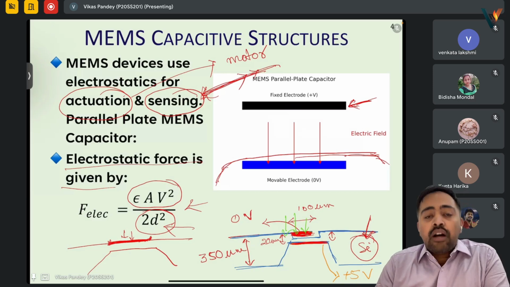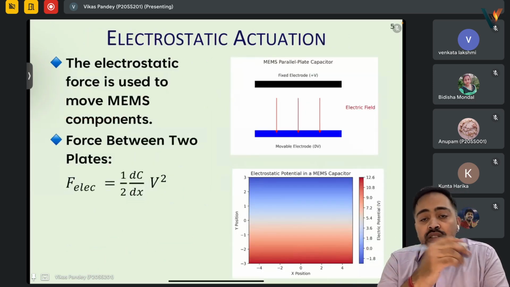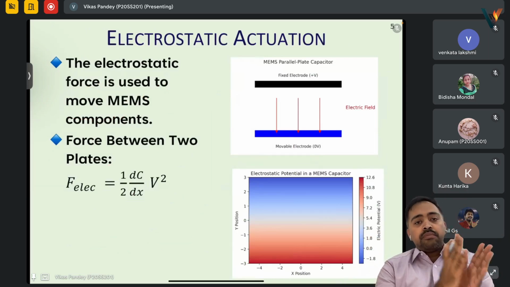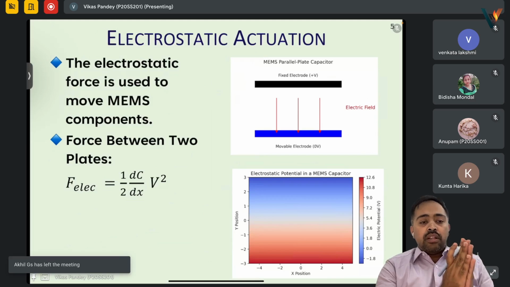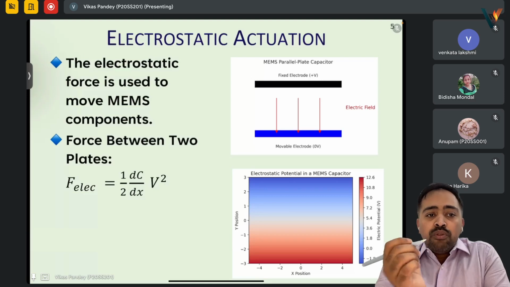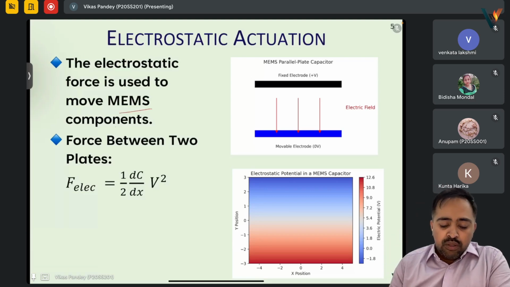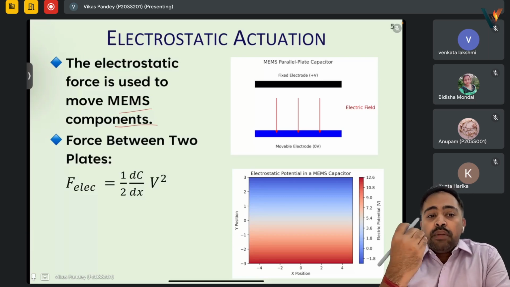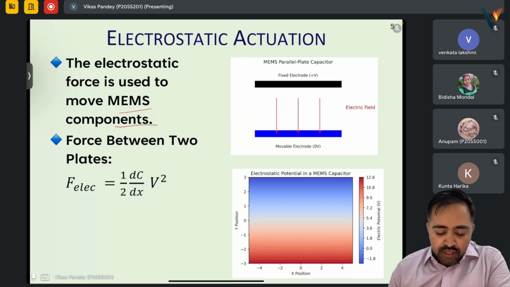So how does this actuation work? That means how does the movement of these parallel plates occur due to electrostatic force. Electrostatic force is used to move a MEMS component, that is, to have some actuation. And the force between two plates is given by half V square dC upon dx.